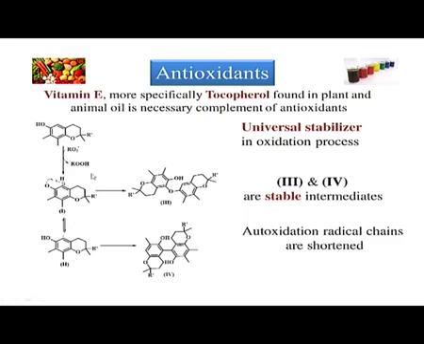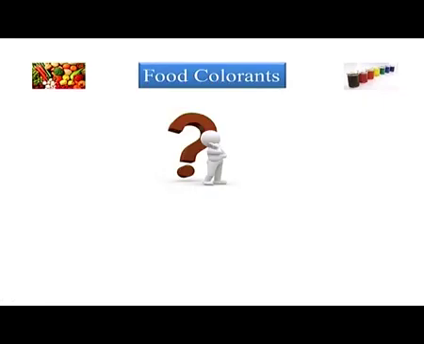In turn it itself gets stabilized into formation of this kind of dimeric species, or sometimes some molecules can also engage in formation of quinones. Okay. In that case they are able to release 2 electrons, 1 electron at a time, right, and all those quinones or these dimeric species are very stable compounds. So, they do not go into any further oxidative processes, and that is how they put a full stop to an oxidative process occurring within the body.